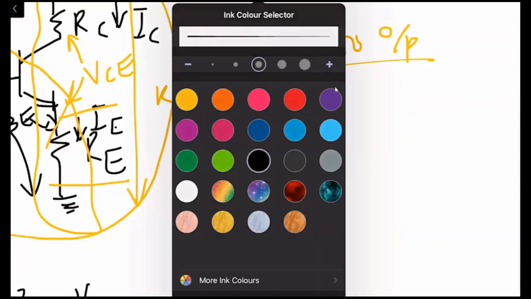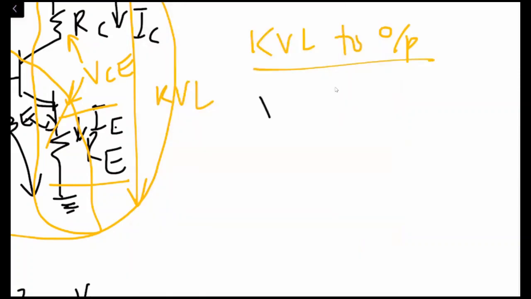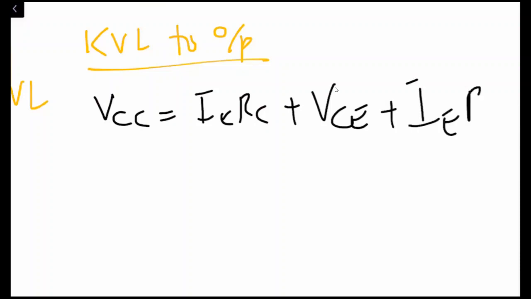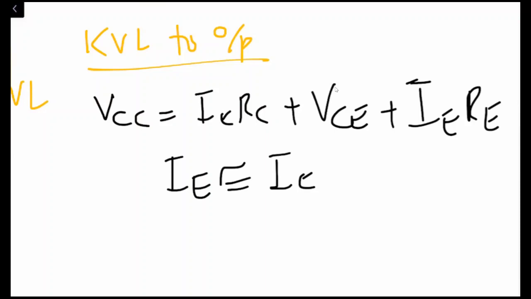We will have VCC equal to ICRC plus VCE plus IERE. We also know that IE is approximately equal to IC, as the value of IB is very small.